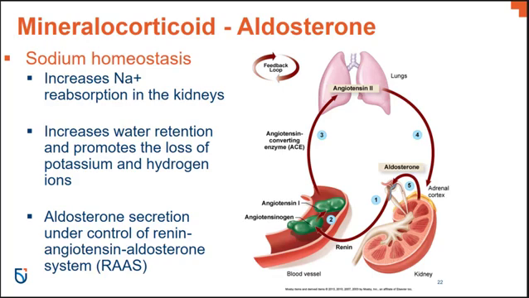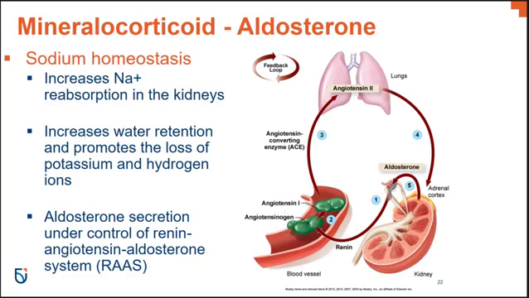Now in turn, renin will act on an inactive hormone called angiotensinogen, an inactive hormone that is constantly being produced by our liver. When renin is secreted, it acts on angiotensinogen, converting it into angiotensin 1.